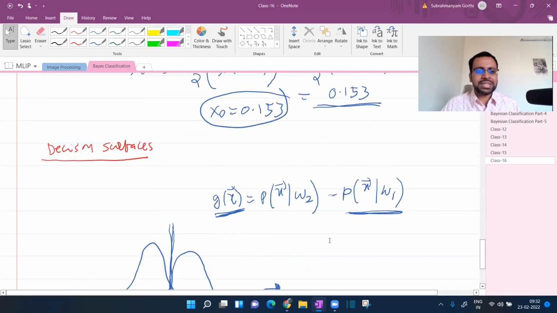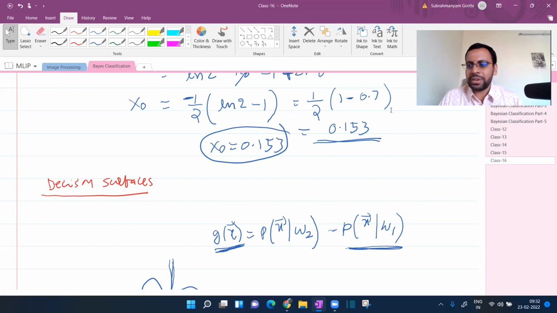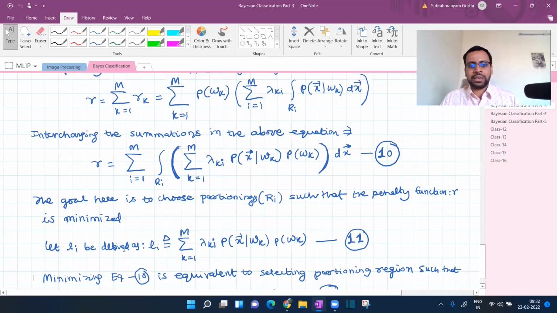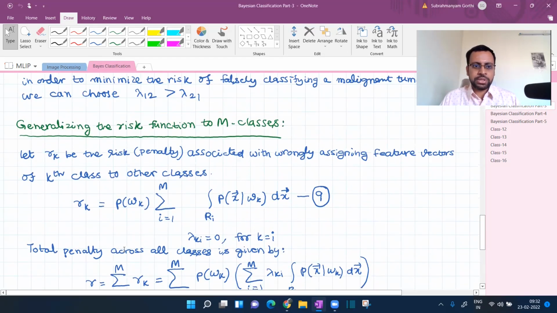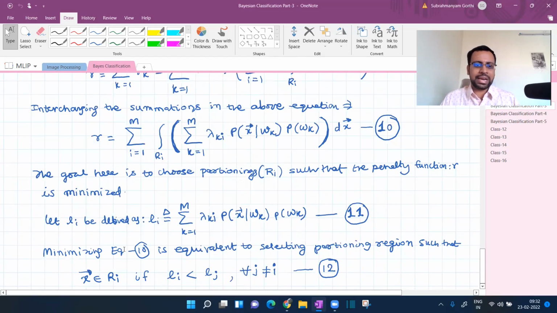So what you are essentially finding here is a decision surface. At this point, let me add one more point to what we discussed earlier about generalizing the risk function. If you recollect, it is this equation 10.